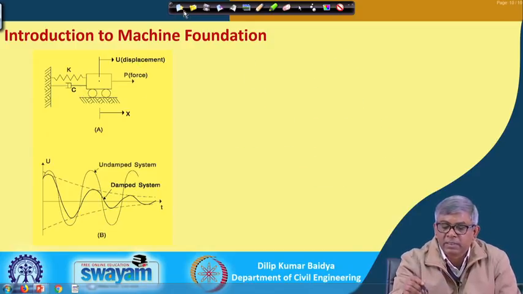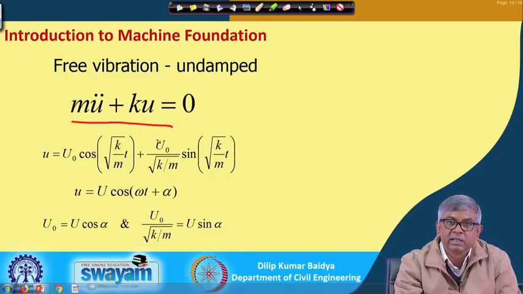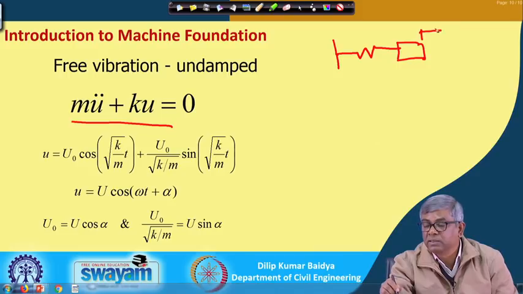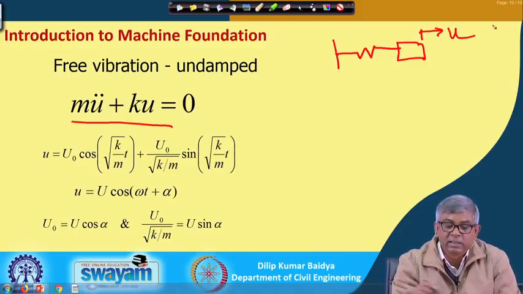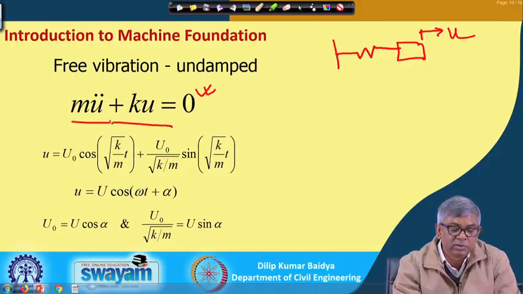Let us go to the next page. Instead of x, suppose I take the displacement as u. This is the mass, and you are giving the displacement in this direction, u. In that case your equation will be m u double dot plus k u equal to 0.